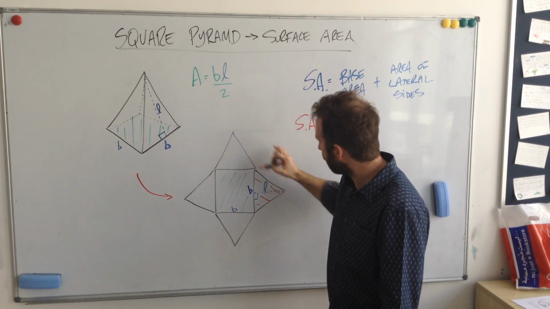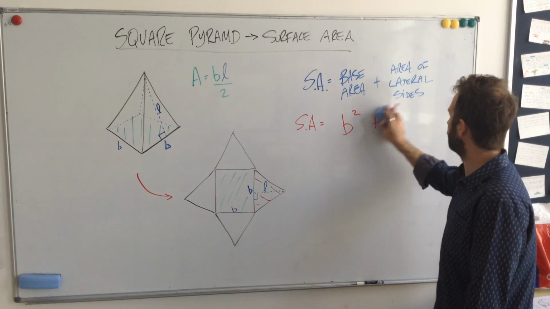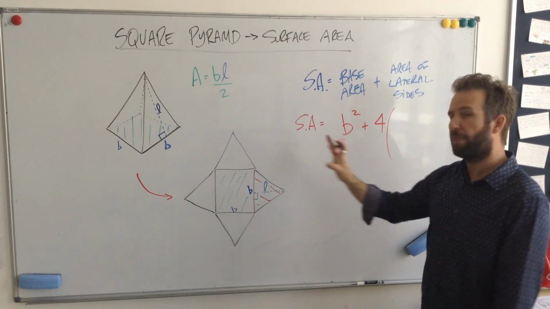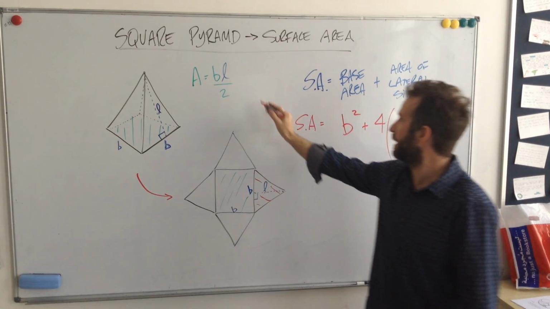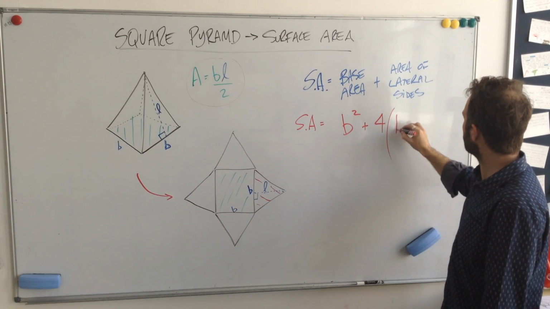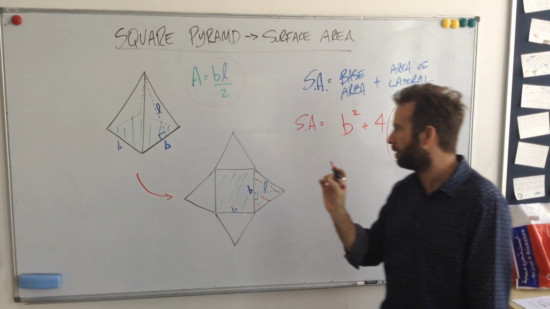And I have it 1, 2, 3, 4 times. So in terms of our formula overall here, we have 4 of those triangles. So we need to use this formula 4 times. So I simply say base times that little l.